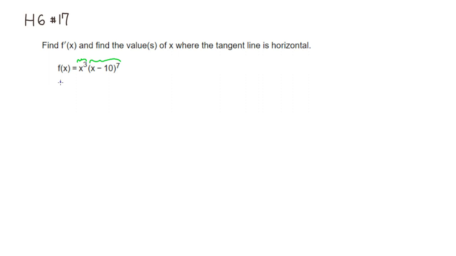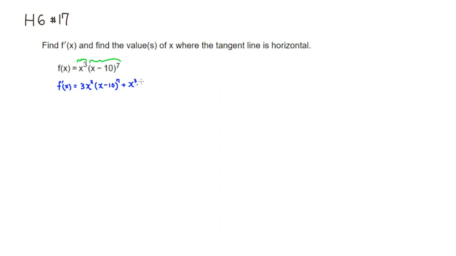So f prime of x is equal to the derivative of the first guy, which is 3x squared, times the second guy, so x minus 10 raised to the 7th power. I'm just copying that, and plus the first guy, just copy that, so x cubed.